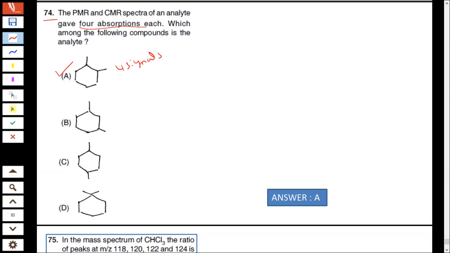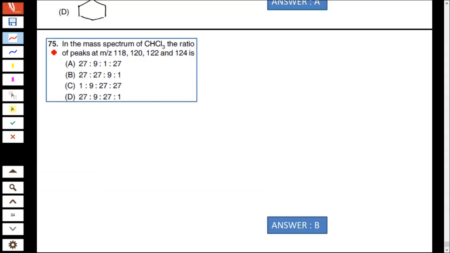And in other options, we are not getting 4 signals. Hence option A is correct. Question number 75. The mass spectrum of CHCl3, chloroform, has peaks at 118, 120, 122 and 124. 124 is the base peak, which is in the ratio 27:9:1. Option B is correct.